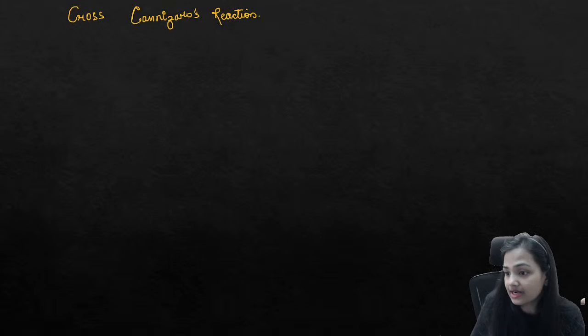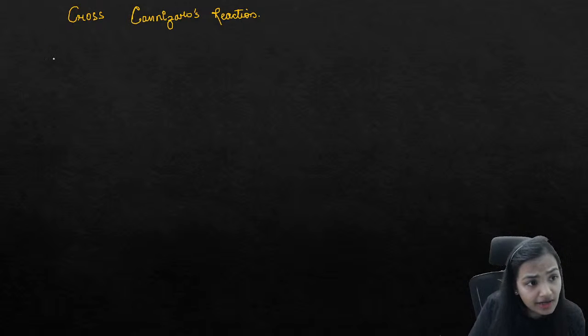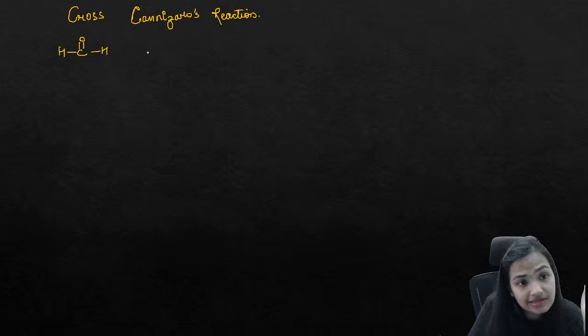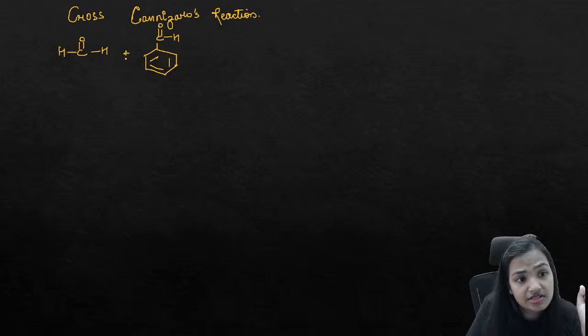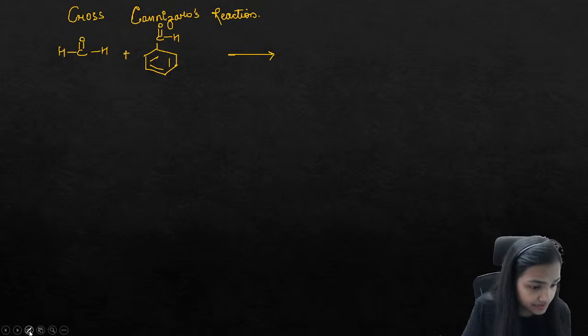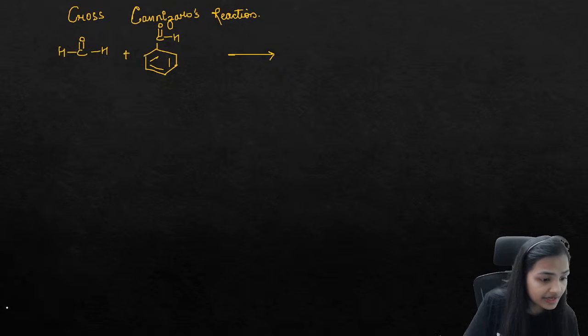This simply means that if I take two molecules, one is going to be the formaldehyde and the other is going to be the benzaldehyde. And the main identification feature of this Cannizzaro is you don't have any acidic hydrogen.